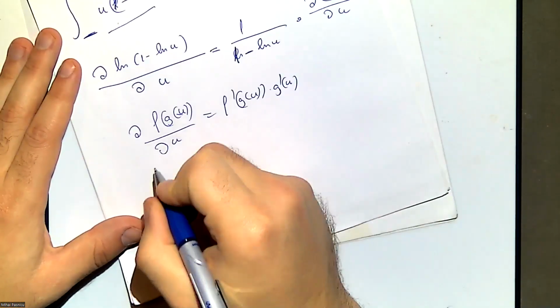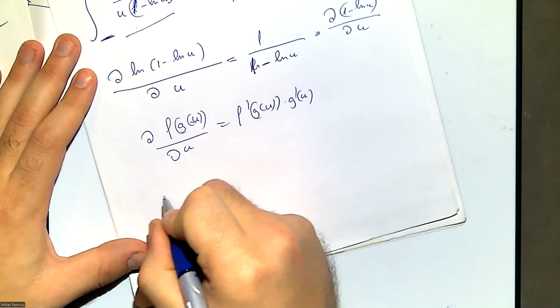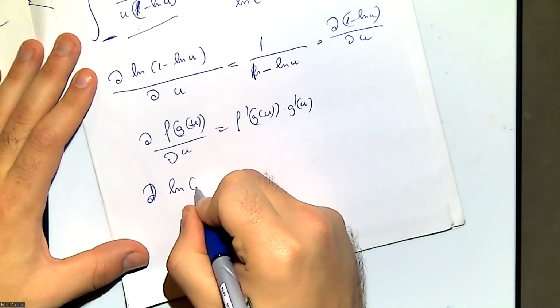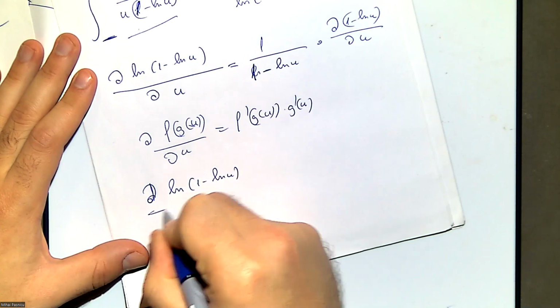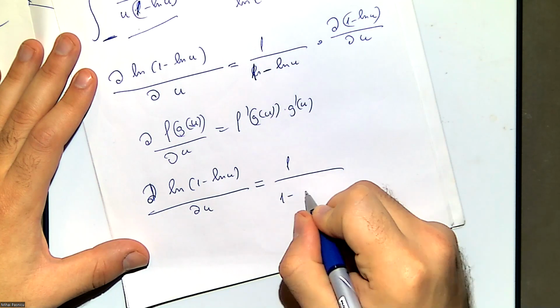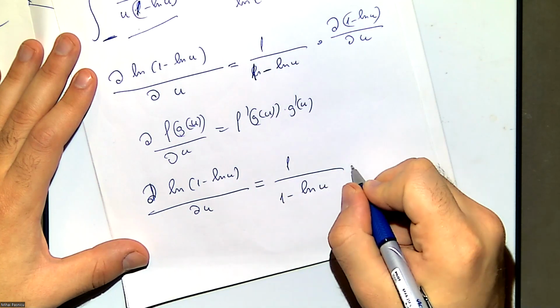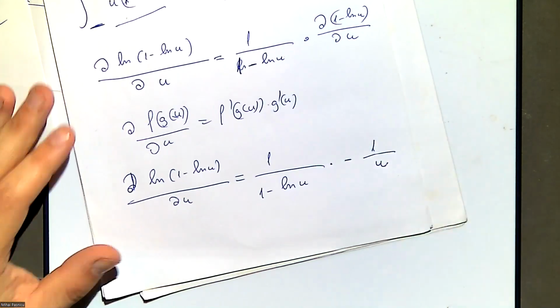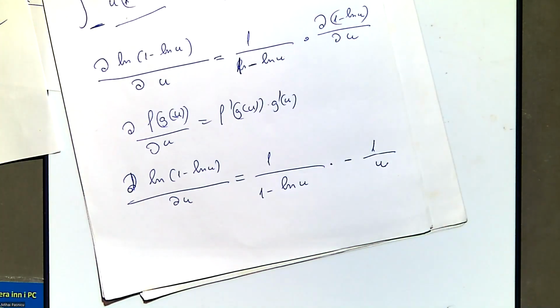Okay. So the derivative of ln of 1 minus ln of u, derivative of u, is equal to 1 over 1 minus ln of u times, what's that derivative? It's minus 1 over u. All right, this derivative is this.